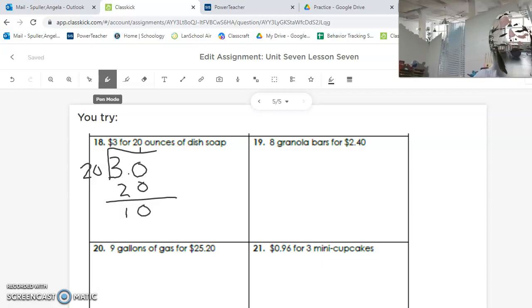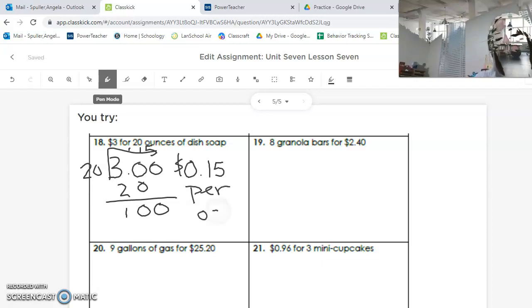That gives me that. Bring down another 0. 20 goes into 100 5 times. So it's 15 cents per ounce. That's how we abbreviate it.